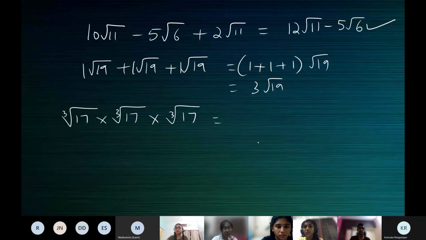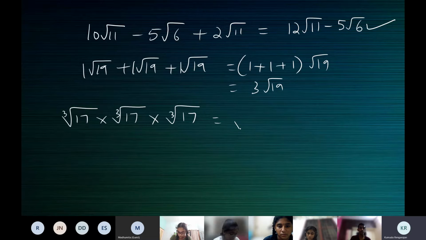What is cube root of 17 into cube root of 17 into cube root of 17 equal to? 17. Tell me the steps. 17 into 17 into 17 whole cube root is equal to 17. Cube root, ma'am.